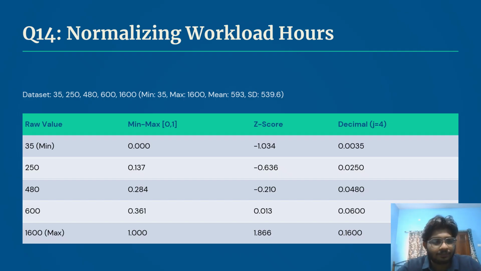Now Z-score. This gives us a much more meaningful result. The average is 593, and the 600 score is basically 0. Now the 1600 score is +1.866 Z-score, and it is nearly two standard deviations above the average.